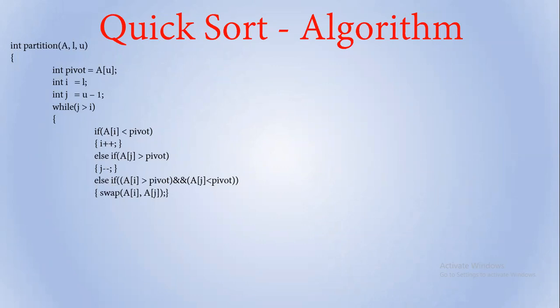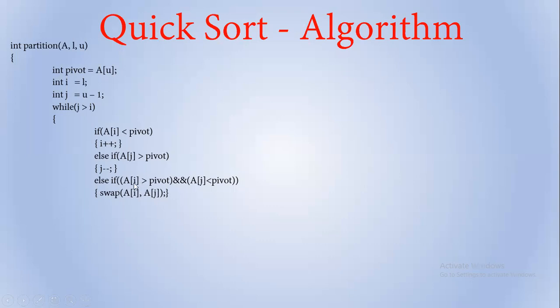Okay. So when this is checked, that means the other way. If Ai is greater than pivot and Aj is less than pivot, then what we are going to do is swap Ai and Aj, the values in Ai and Aj, not the indices. We are going to swap the values such that in the next step, one of these will be true.